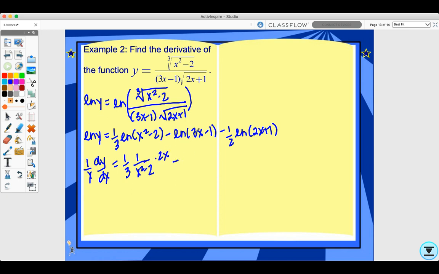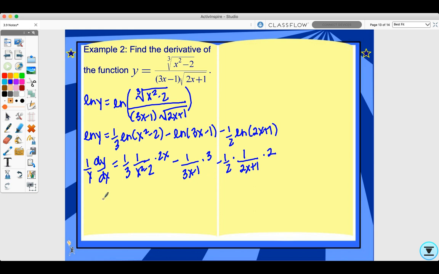Then I have minus the derivative of the natural log of 3x minus 1 would be 1 over 3x minus 1 times 3. Then I have my minus 1/2 times the derivative of the natural log of 2x plus 1, which would be 1 over 2x plus 1 times 2.